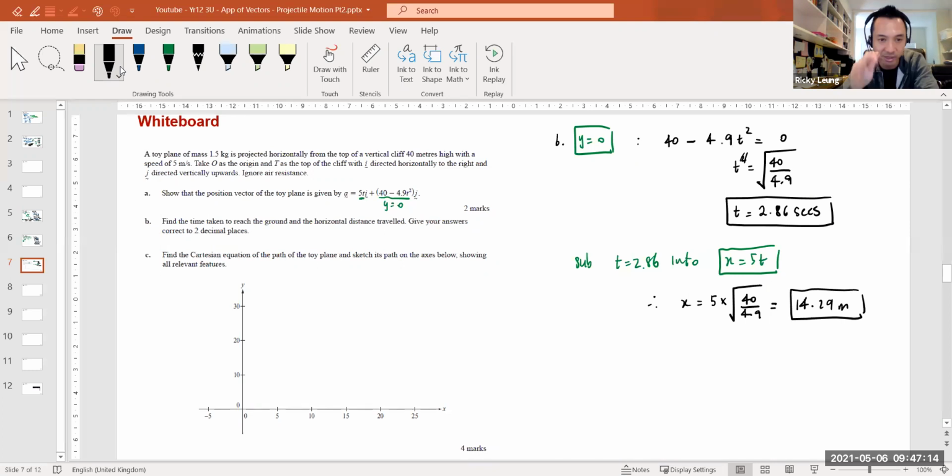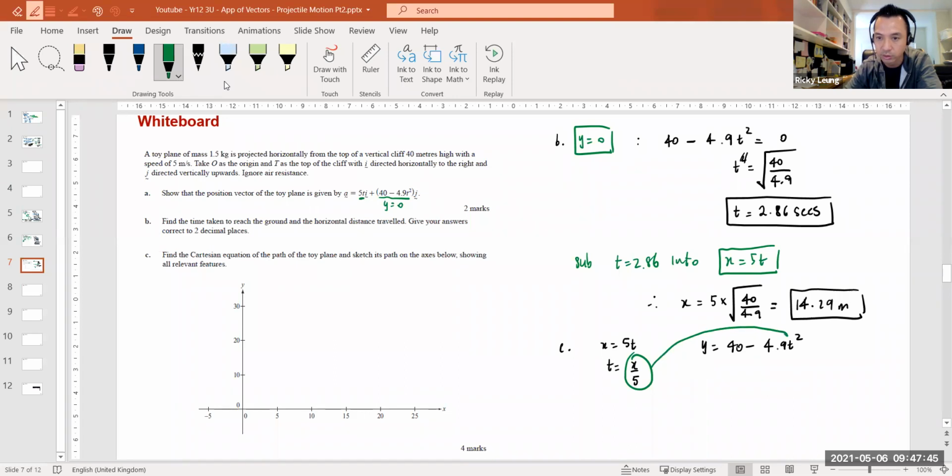Part C, find the Cartesian equation. So solve the parametric equations and then sketch, right? Now, part C. Parametrically, I have x equals 5t, and y equals 40 minus 4.9t squared. The parameter is t, so make t the subject. Sub this into that.